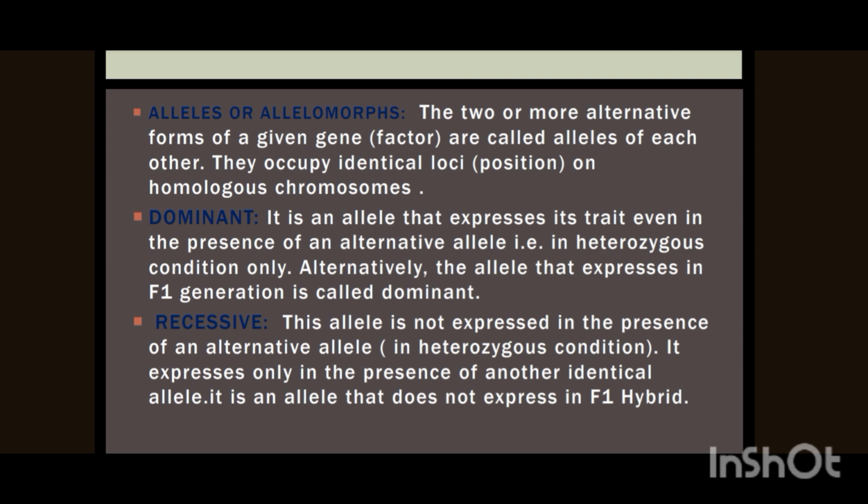It can be purely tall or dwarf or intermediate, but the expressing character can be either tall or dwarf. So the character that is expressed by the offspring, that is tallness, the gene that codes for tallness, will be considered dominant, and the gene that doesn't express in the F1 generation or in the offspring is called recessive.